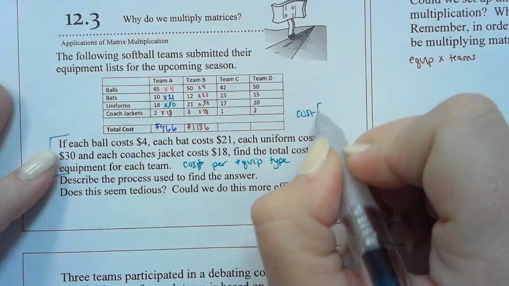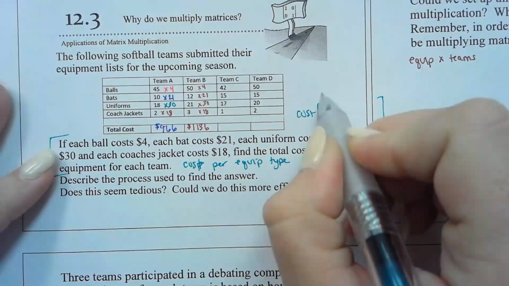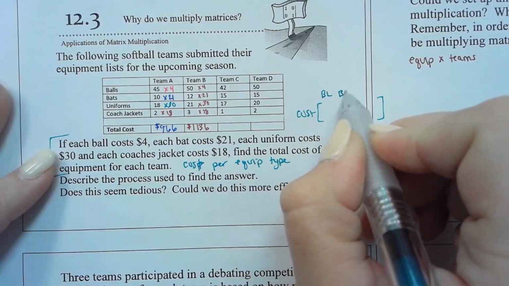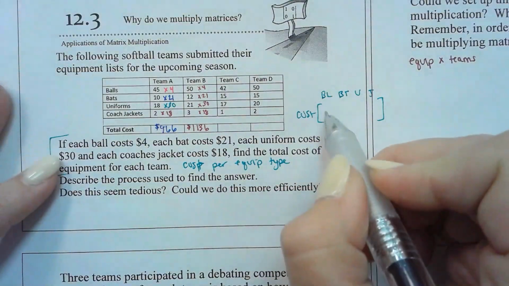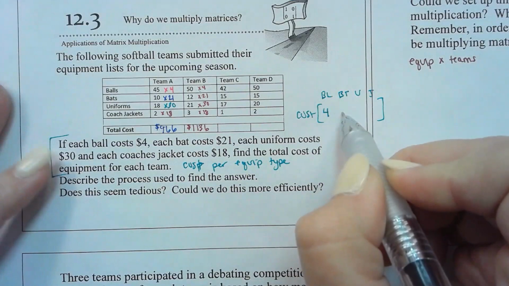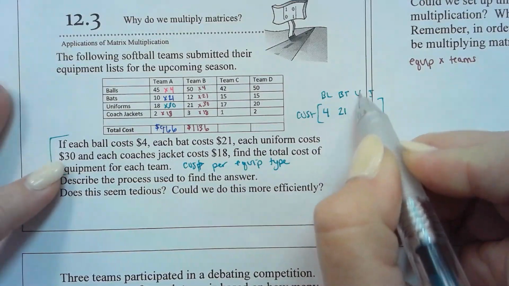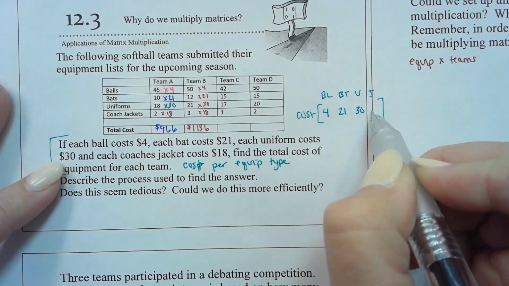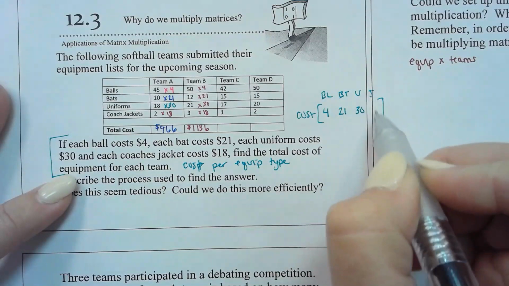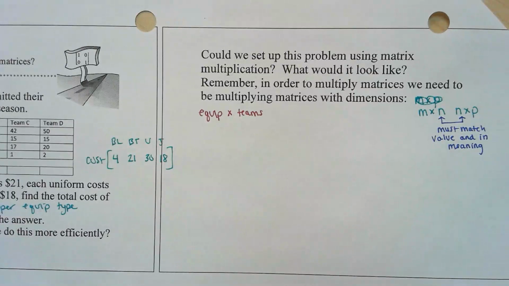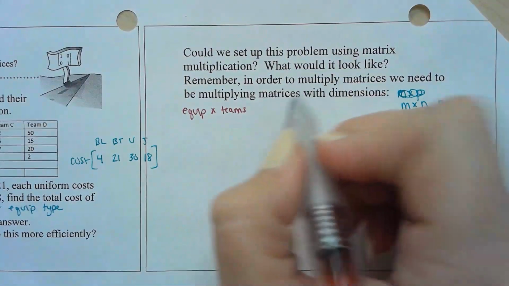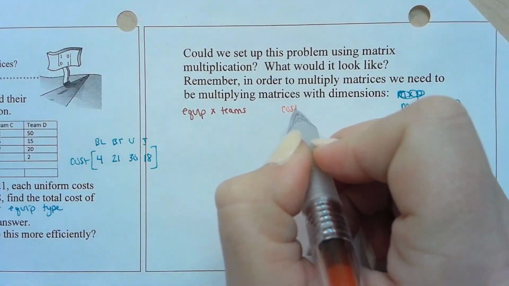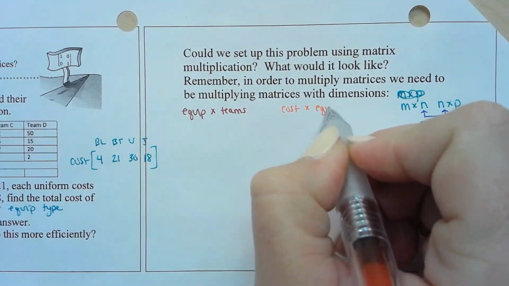We could do the cost times the type of equipment, which is balls, bats, uniforms, jackets. The balls are $4 each. The bats are $21 each. The uniforms, $30. It's just a list, but we can always put a list into a matrix. So we have two different matrices essentially: equipment by teams, and cost by equipment.